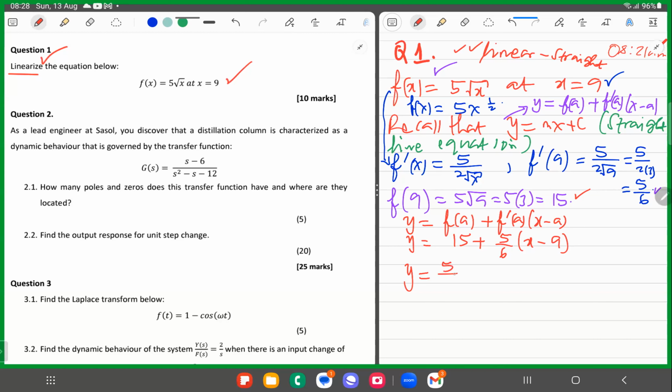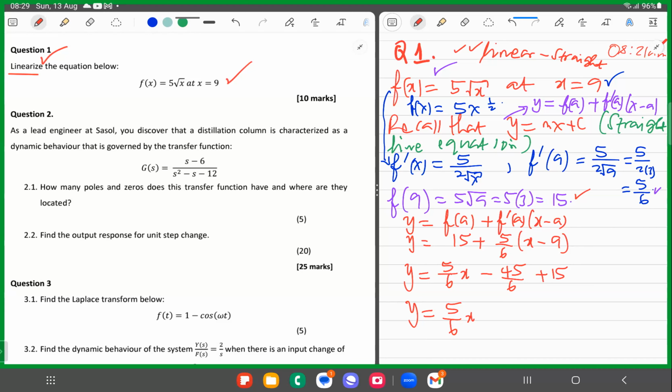It's going to be 5 out of 6 x, and then we multiply out, so that would be minus 5 times 9, which is 45, out of 6. We add 15, and therefore the result is 5 out of 6 x, and then we add things up at this point. If we add things up, what does this become?